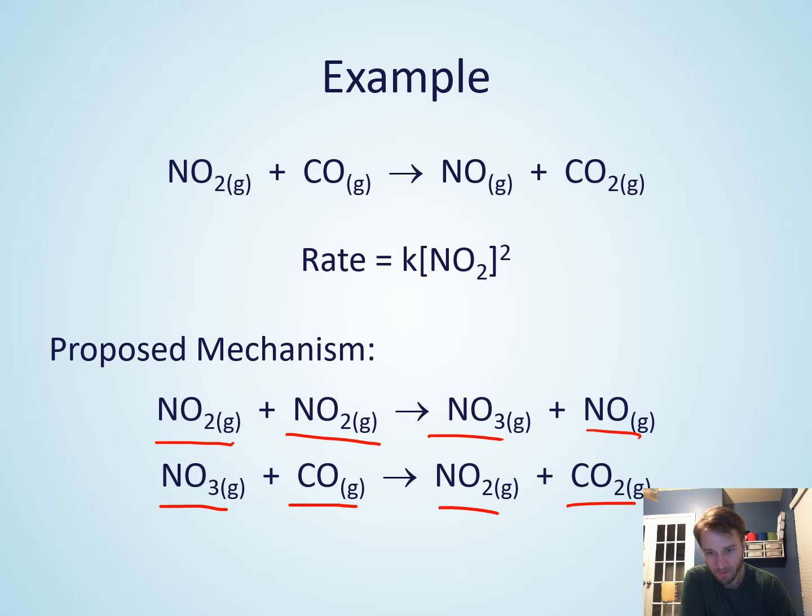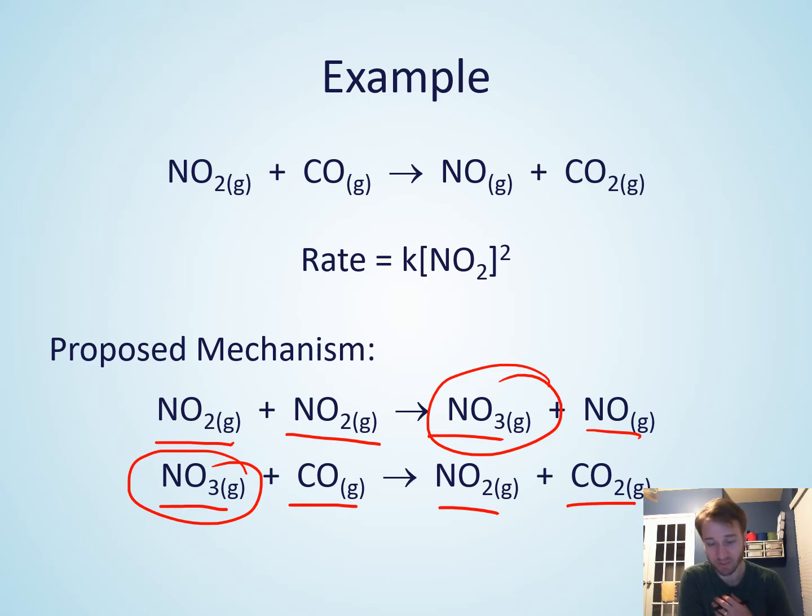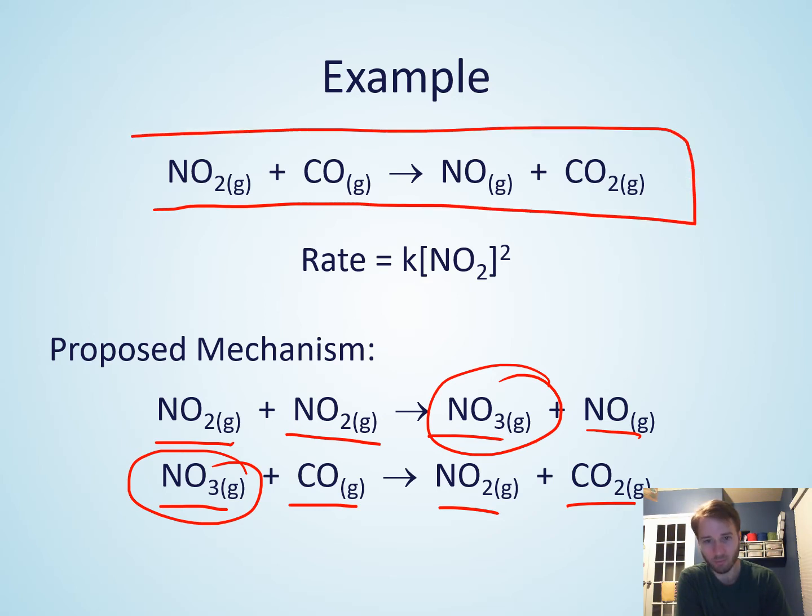Now NO3 is what will be called an intermediate, because NO3 is produced in my reaction mechanism and consumed later on. If you add these two reactions together, you will get the total chemical reaction up here, once you simplify. And that has to be the case.